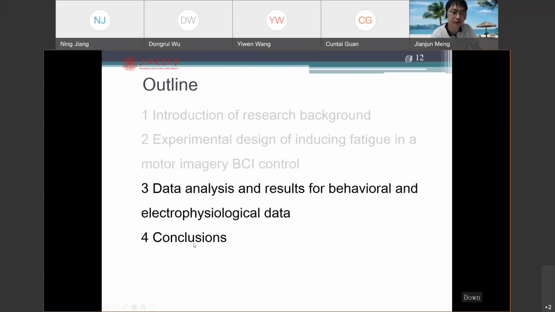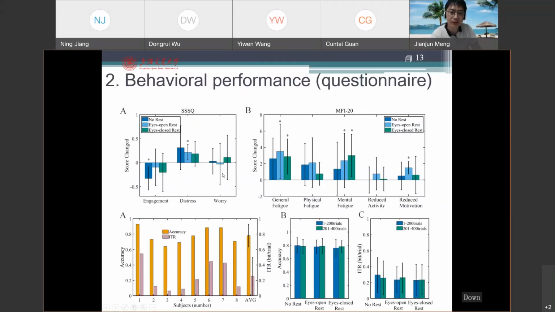So next, I will present the data analysis results. The first row shows the group average difference of the SSQ, the stress questionnaire scores, between prior to and post resting period, in the left upper figure.